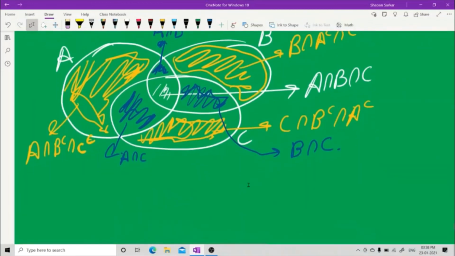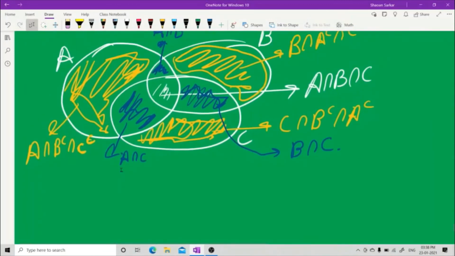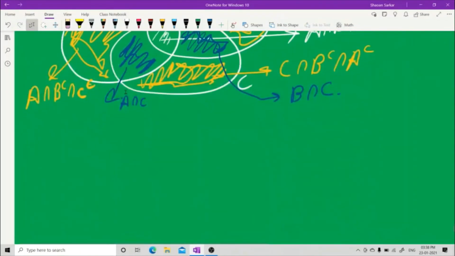Now we will derive, see what exactly A union B means. Let me tell you, at least one of them. Union means at least one. Intersection means both of them. Let me write down.